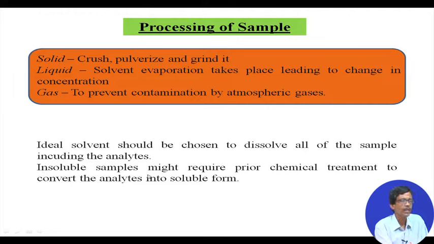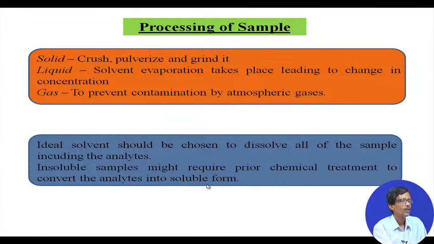So, insoluble samples might require this, because we have to be very careful whether the sample is purely insoluble. We take advantage of this chemical treatment, which in this particular case is nothing but the fusion treatment, to convert the analyte into the soluble form, where we can solubilize the analyte into the solution.